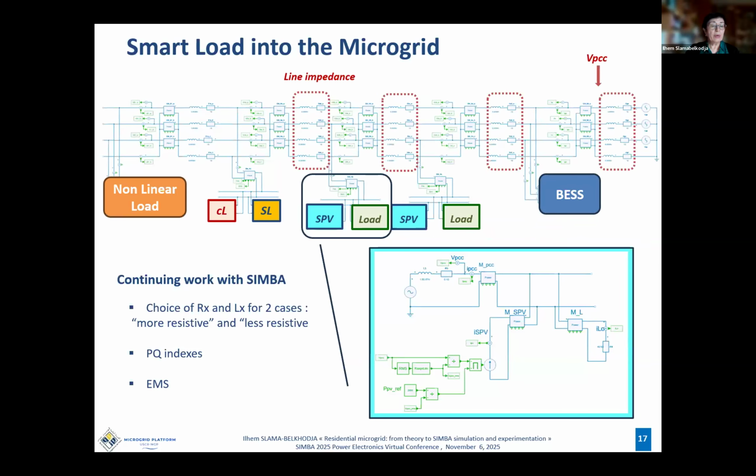The SIMBA model of the smart load developed in this way is then integrated into the microgrid SIMBA model. However, in order to fully highlight the contribution of smart load, realistic voltage drops must first be created at the connection points, which requires the necessary line impedance values.